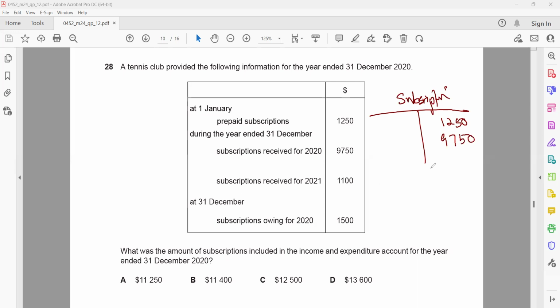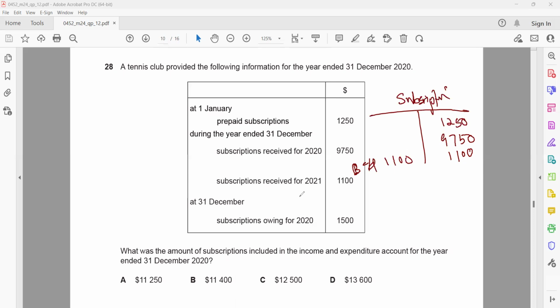Then subscription received for 2021, so 1100. So this is also on the credit side, money received. And then this 110 also indicates there is a balance c/d of 110, which is for next year.